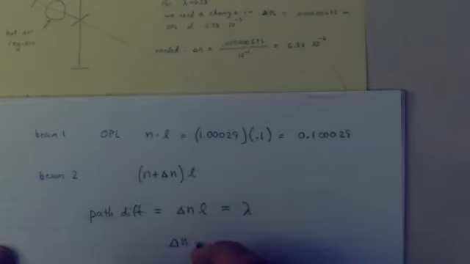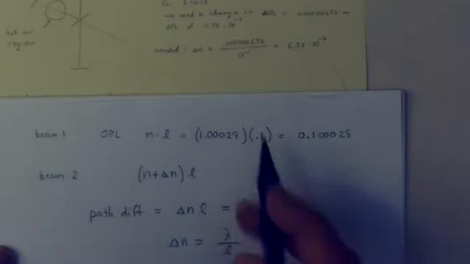So delta n has to equal lambda over L, which is exactly what I've got right there.